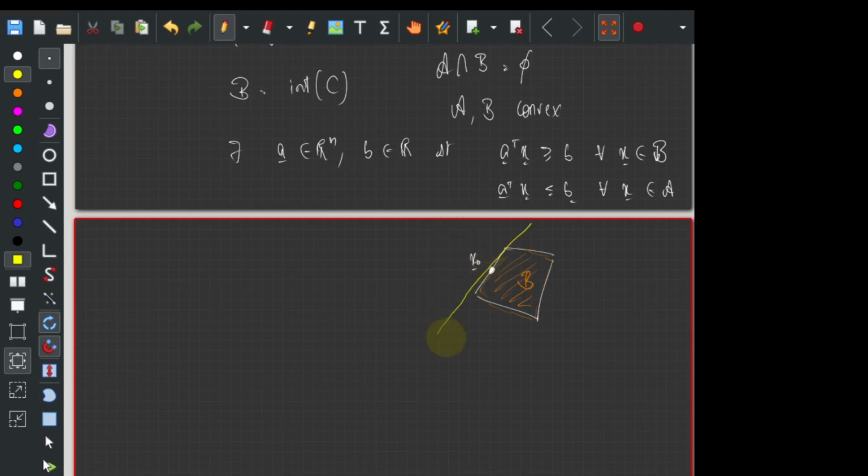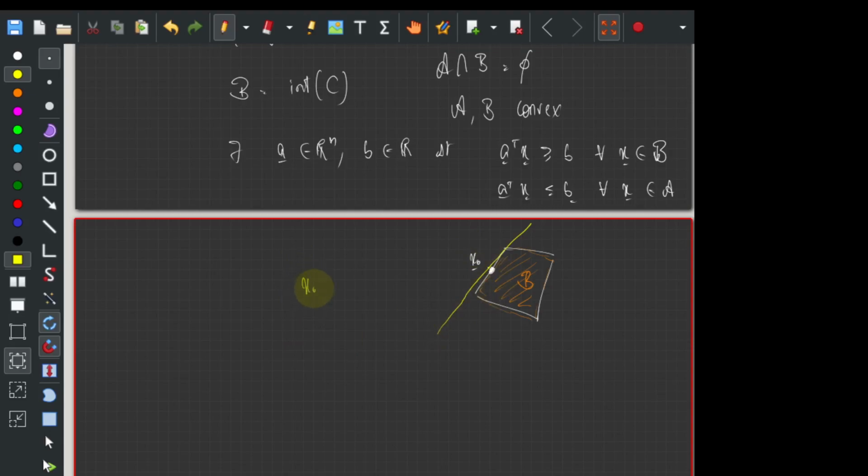But where on the other side of the line can this point x0 lie? It has to lie on the line, right? Is it possible that it does not lie on the line? No, right? Because after all, B is the interior of the set, so this x0 is arbitrarily close to B. Correct.